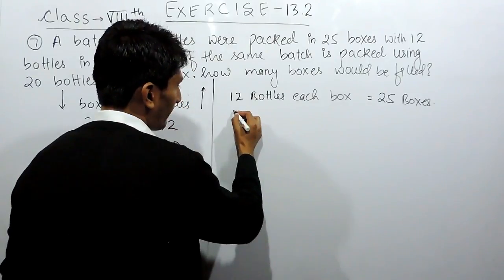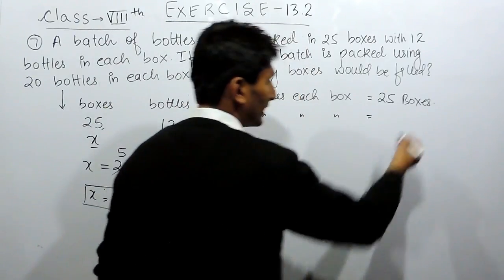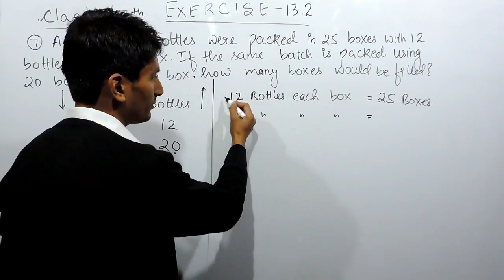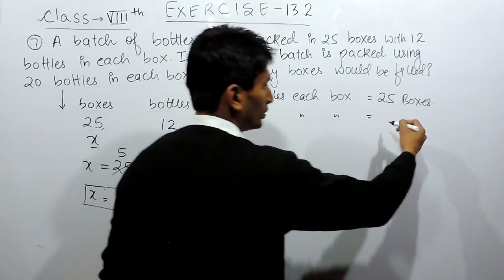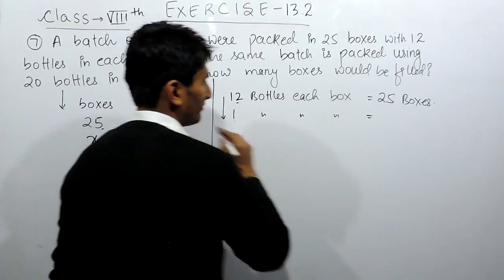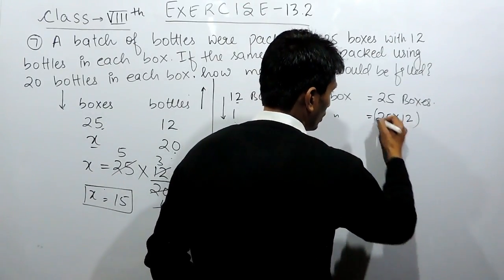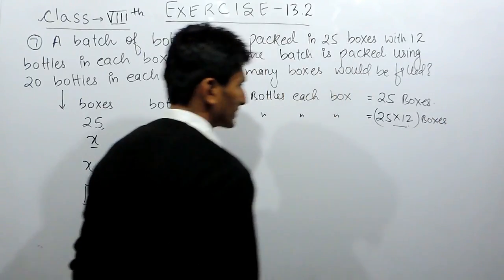Now if I pack only one bottle in each box, obviously the number of boxes required should be more, because this is inverse proportion. When the number of bottles is decreasing, this should be increased. So to increase, we have to multiply this 25 by this number 12. So we would require these many boxes.